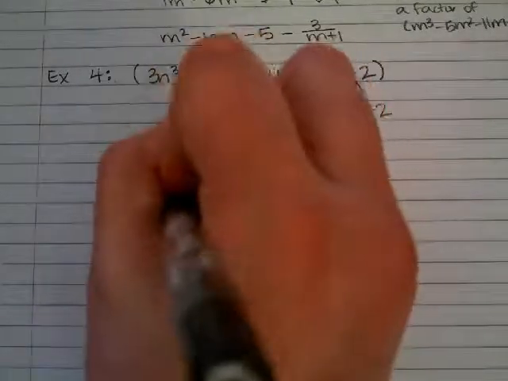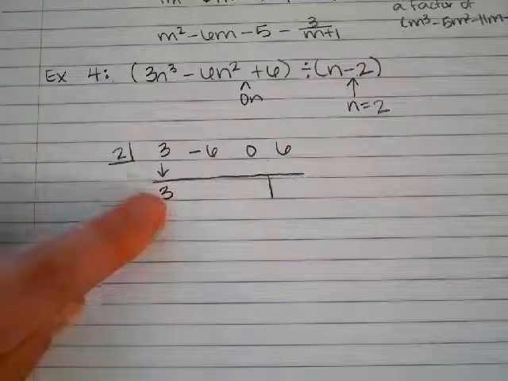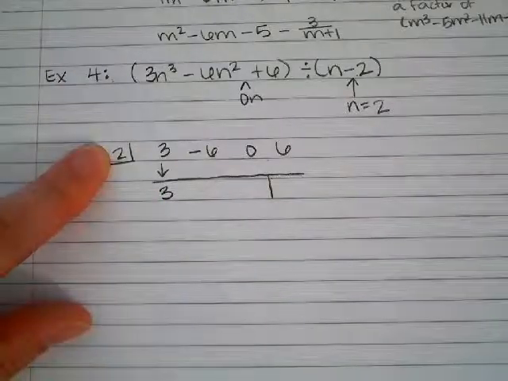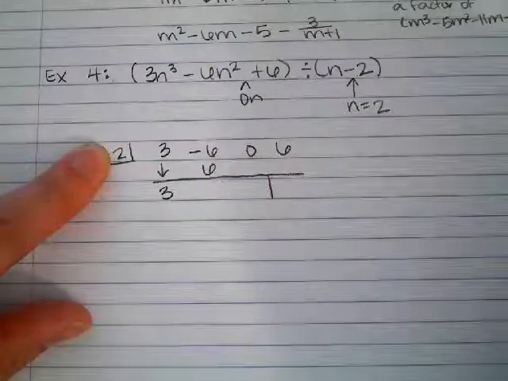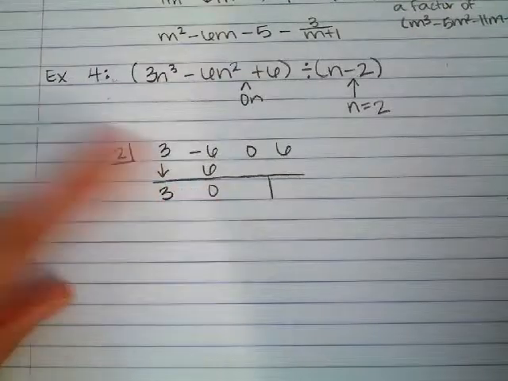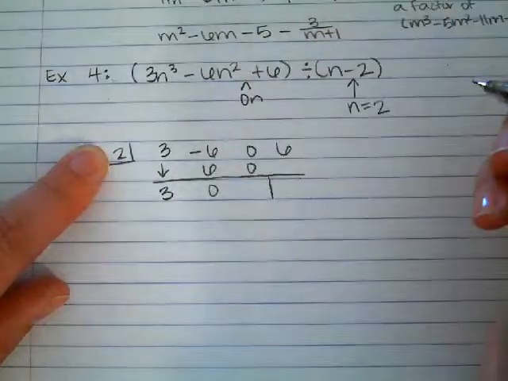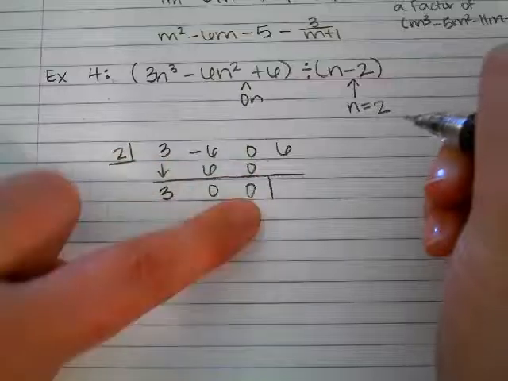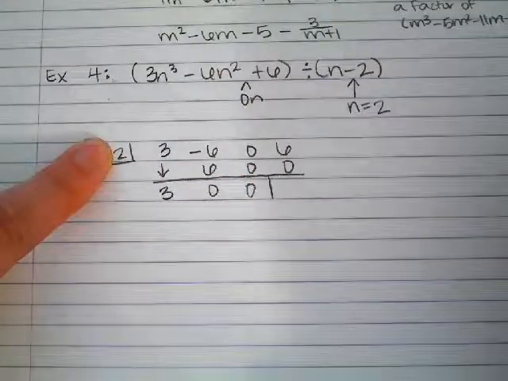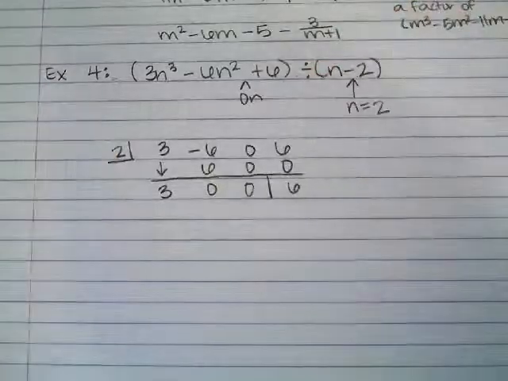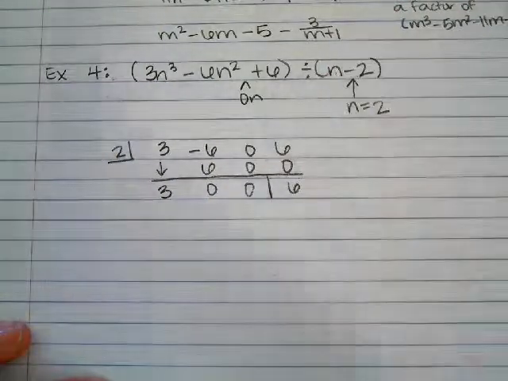All right, so 3 times 2 is 6. We add those together, we get 0. 0 times 2, 0. We add those together, we get 0. 0 times 2 is 0. We add those together, we get 6. Okay, so 3n to the third divided by n to the third is going to drop down to n squared.